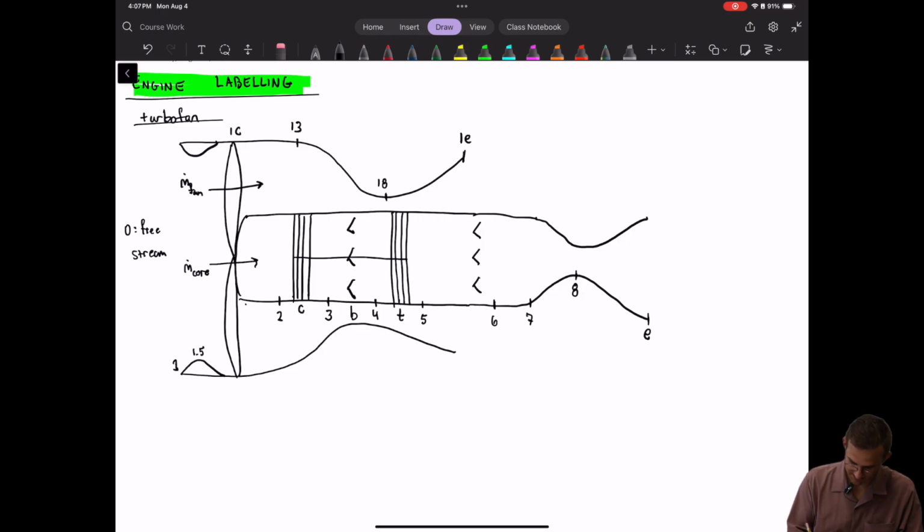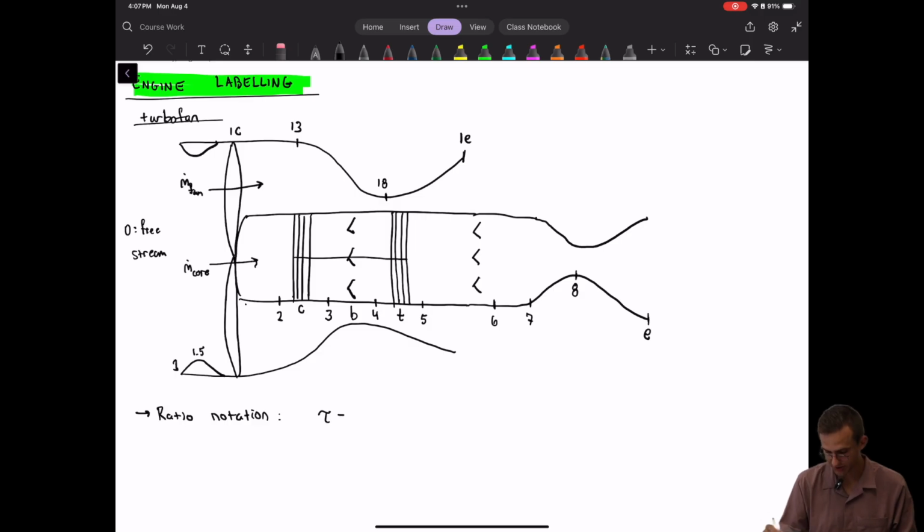There's also this notation, which I'll just call ratio notation. It's a nice, convenient way of writing this. I'll slowly transition to writing things in terms of these ratios more and more as we move through the lectures.